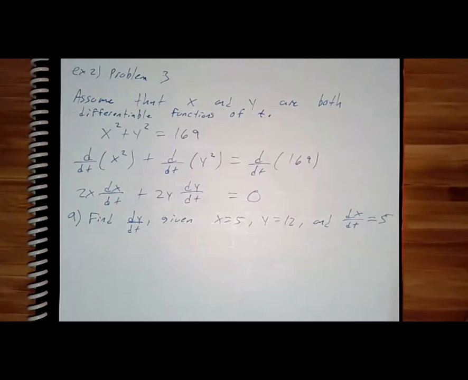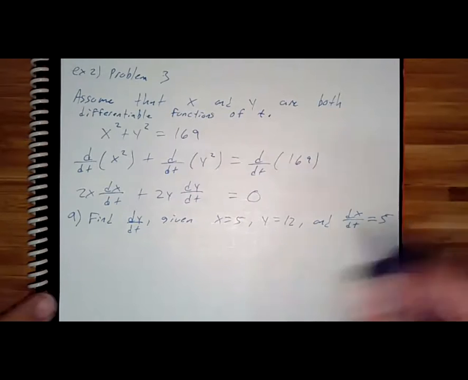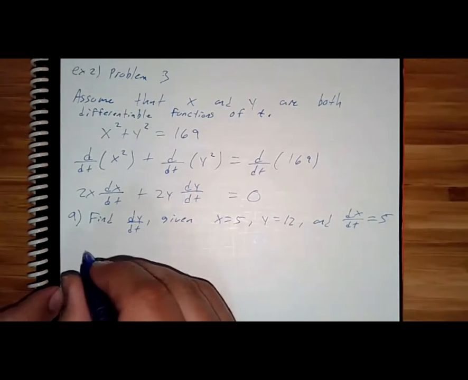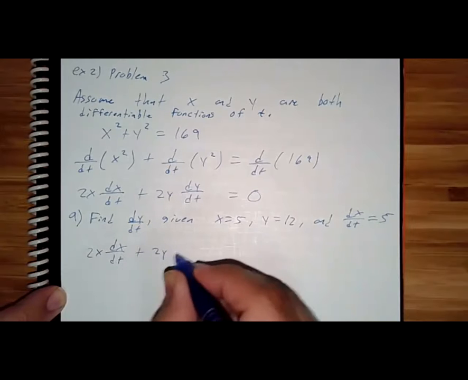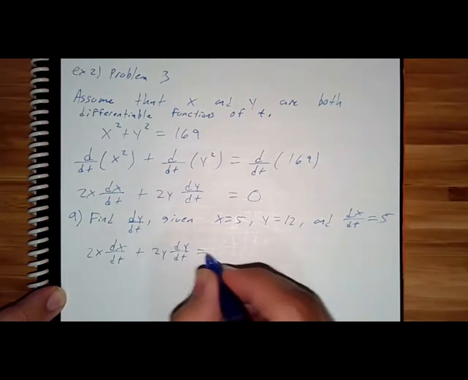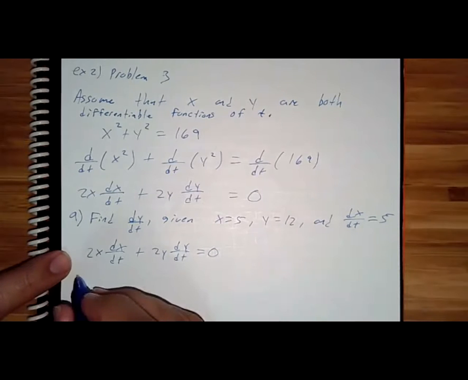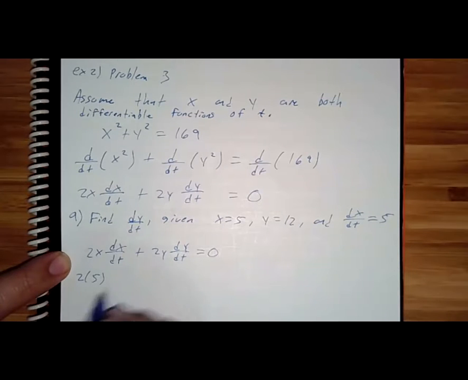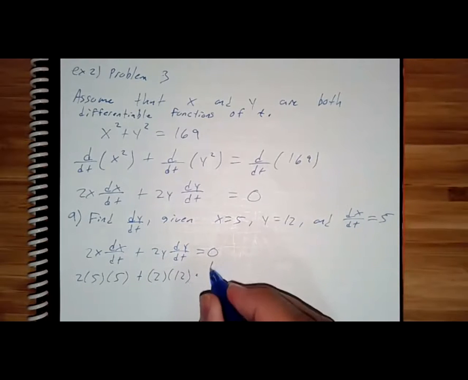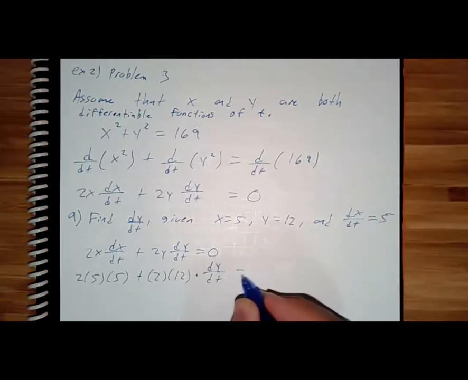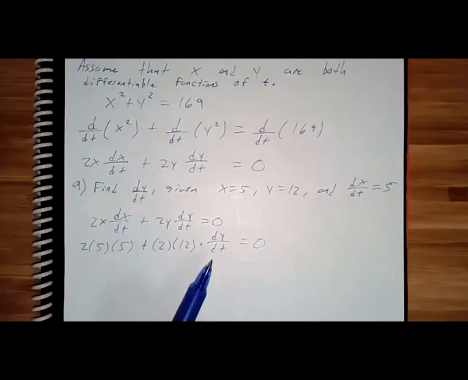So just plug in everything we have and solve for dy/dt. So here we go. We have 2x dx/dt that we found earlier, plus 2y dy/dt equal to 0. Plug in my x, plug in my dx/dt, plug in the y, and I need to solve for dy/dt. I just need to isolate this.